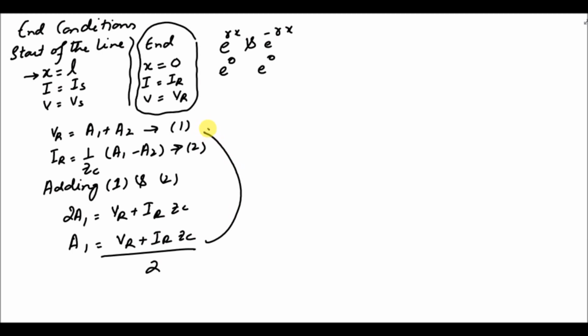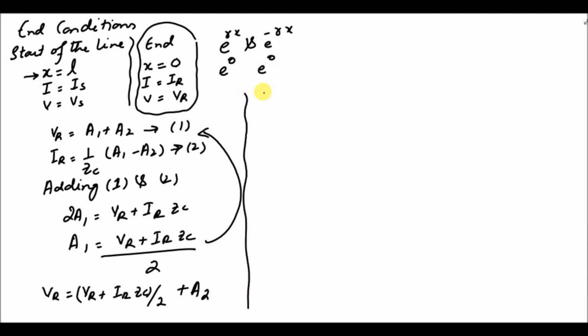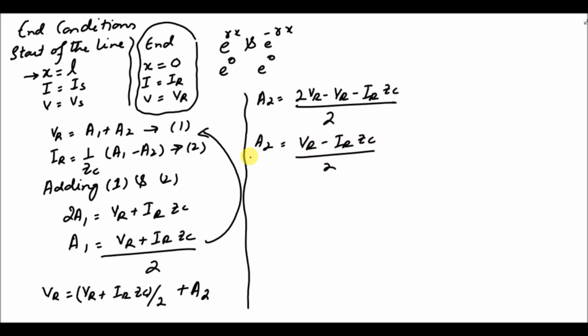Now putting this in equation number 1, VR will be equal to (VR plus IR ZC) over 2 plus A2. A2 is equal to (2VR minus VR minus IR ZC) over 2, and A2 is equal to (VR minus IR ZC) over 2.